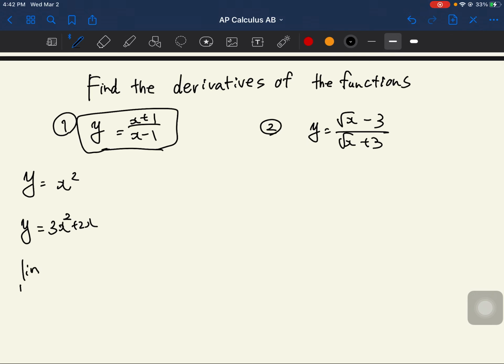You can also use the definition of derivative, which is the limit as h approaches 0 of f of x plus h minus f of x over h. But this one is also annoying. So what would you do? In this case, I'd recommend you use the quotient rule.